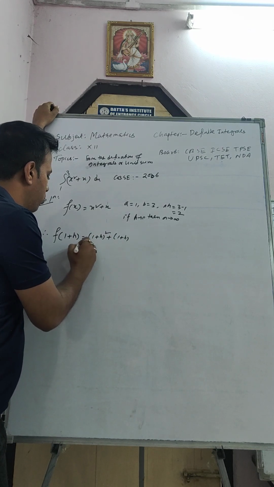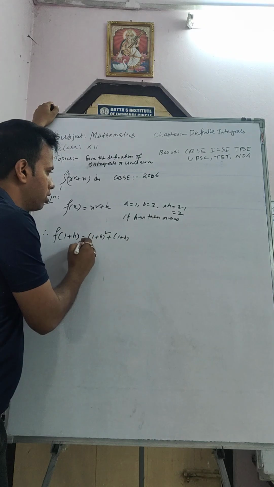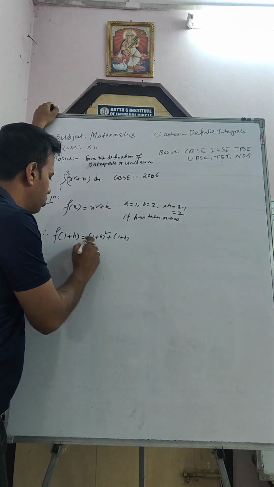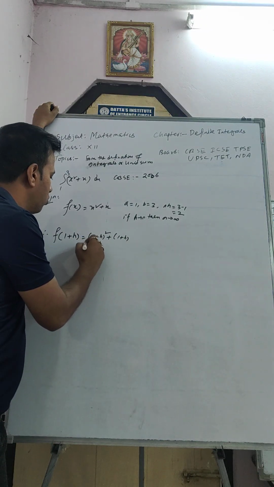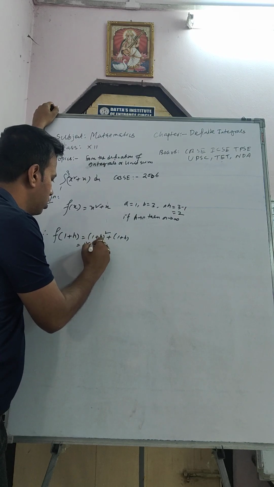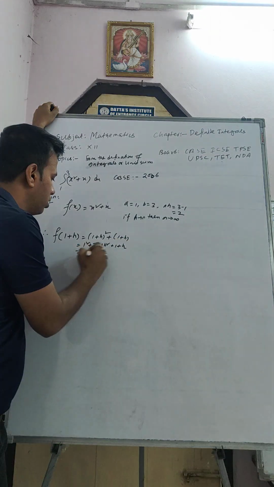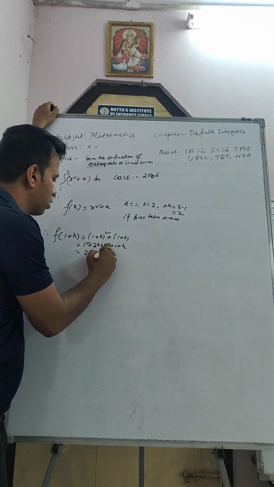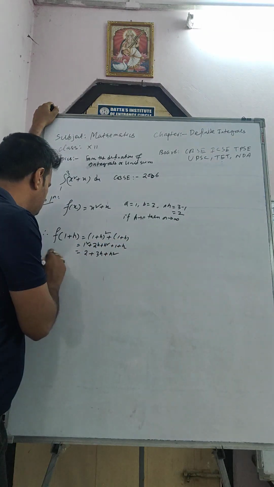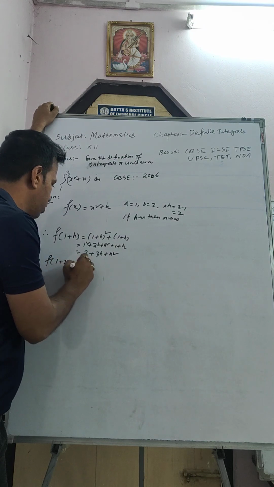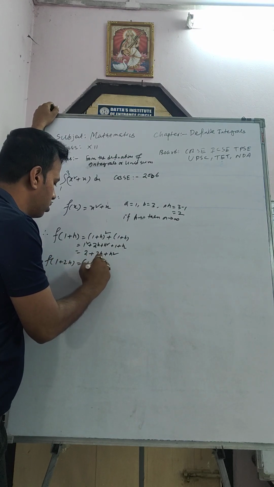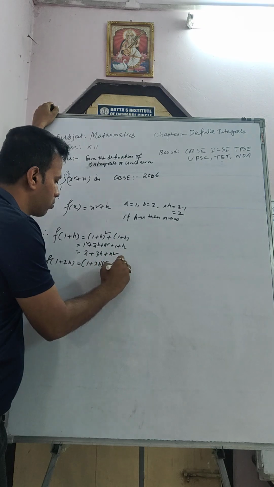Okay, so what is the value of it? The value of it will be 1 square plus 2h plus h square plus 1 plus h, and that is 2 plus 3h plus h square. So f(1 plus 2h) will be (1 plus 2h) whole square plus (1 plus 2h).